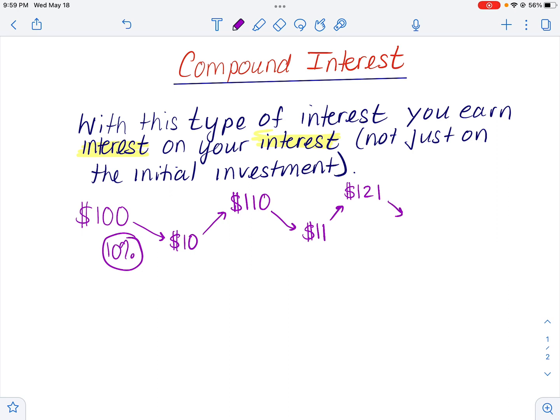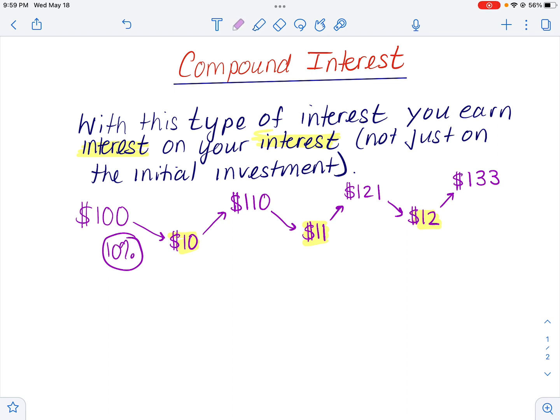So now you earn another 10%. So that means you earn $12. And then when you add that back on, you're getting $133. Sorry, $133. So you can see that the amount of interest that you make, first you just made $10, then you made 11, then you made 12. So it's going up and up and up.